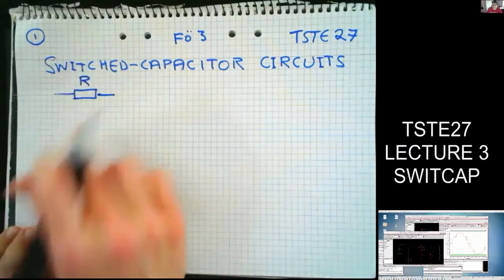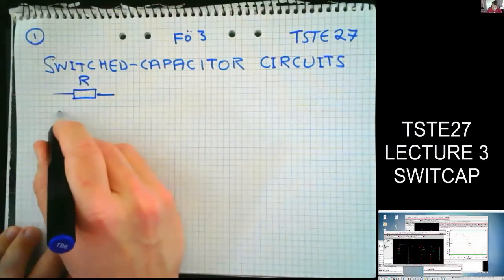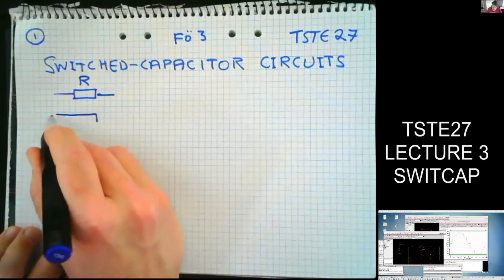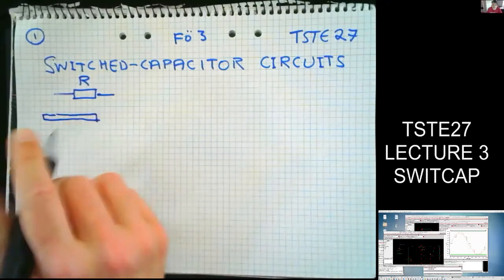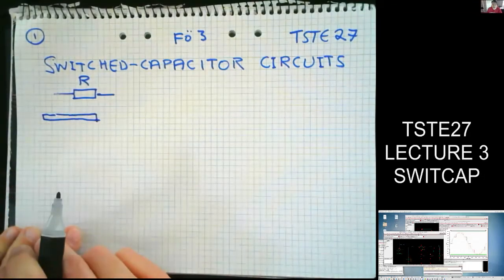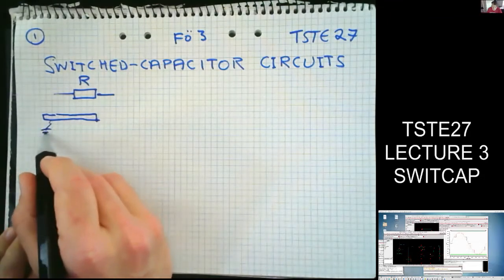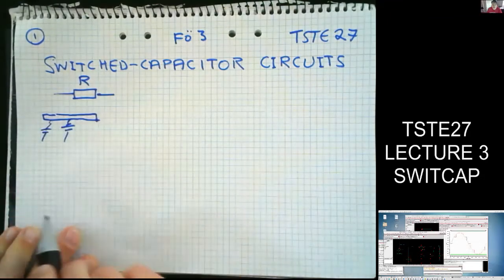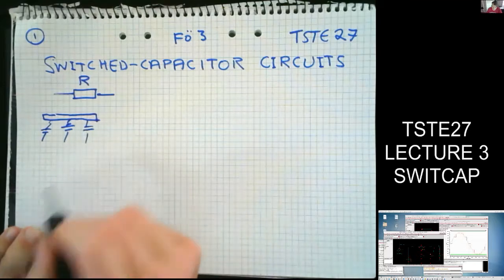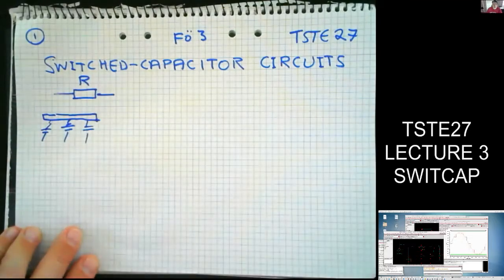But if you look at the physical implementation of this one, it's probably going to be some sort of long strip of some material on your chip, a certain number of micrometers, and that particular strip is also going to be associated with parasitic capacitors, etc. So they are typically more troublesome.